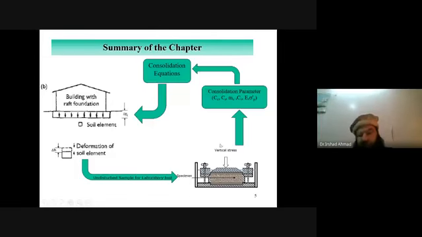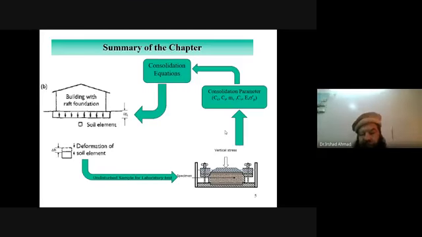And in the laboratory we conduct a test, right? We subject the soil specimen to the same stress ranges as in the site and find out how much this soil specimen would compress. This test in the laboratory is called consolidation test or odometer test, that we would discuss shortly.